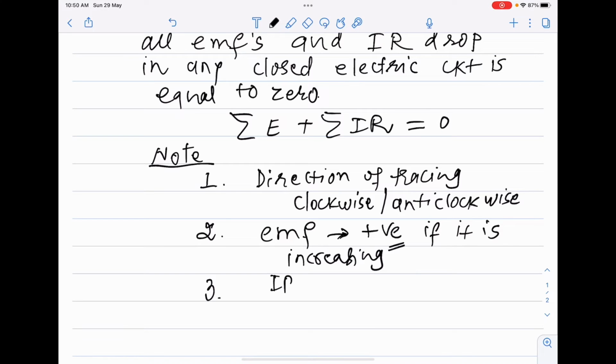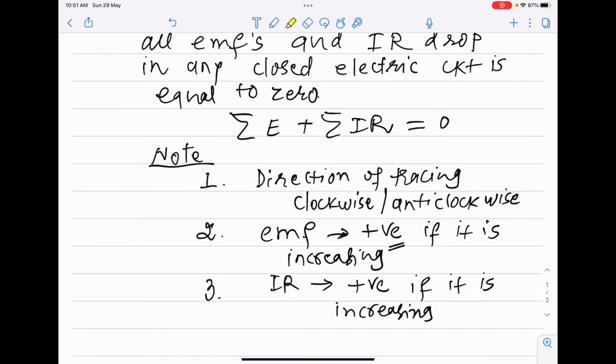And the IR drop is also treated as positive if it is increasing. So if the voltage drop across the resistance is increasing in the direction of tracing, then it is treated as positive. And the EMF, if it is increasing, is also treated as positive. So one has to remember these three things.